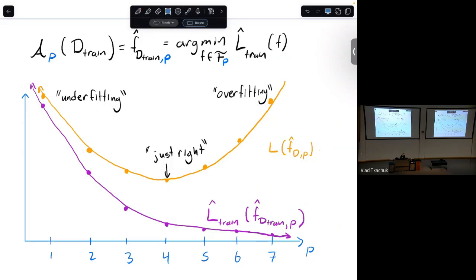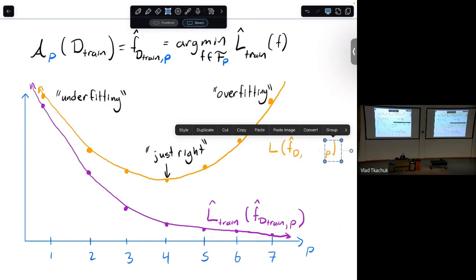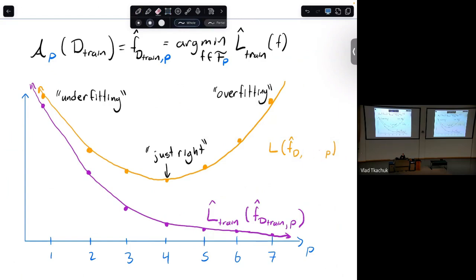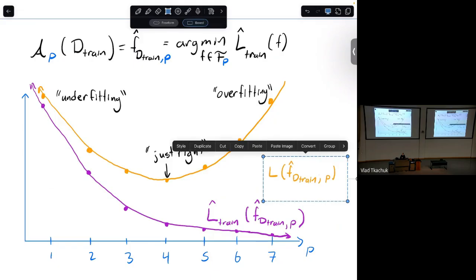You want the true risk of your predictor, this F hat of D-train. That's what you want. And you imagine the plot is something like this, but you'd like to plot that, but you don't have this. Instead, what you have is an estimate of it.